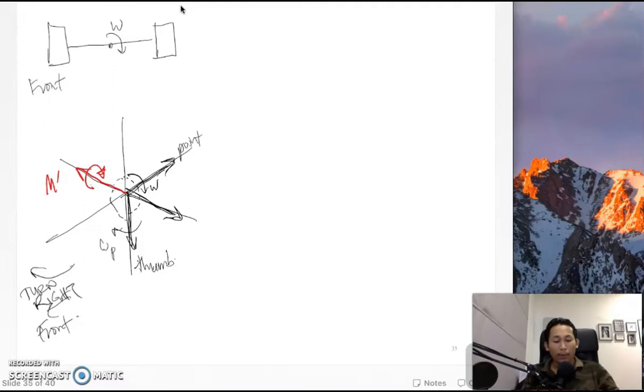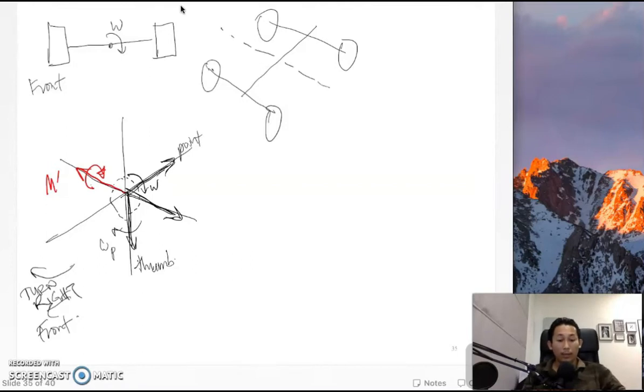From the figure, the action of the reactive gyroscopic couple is this way.